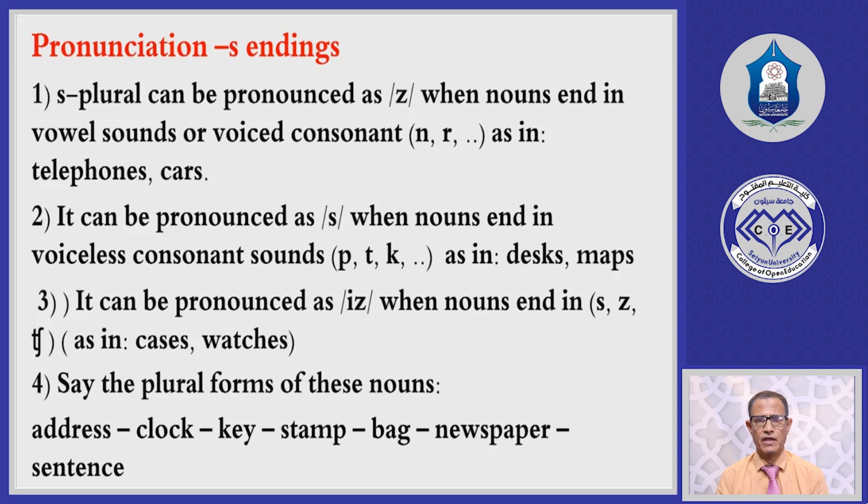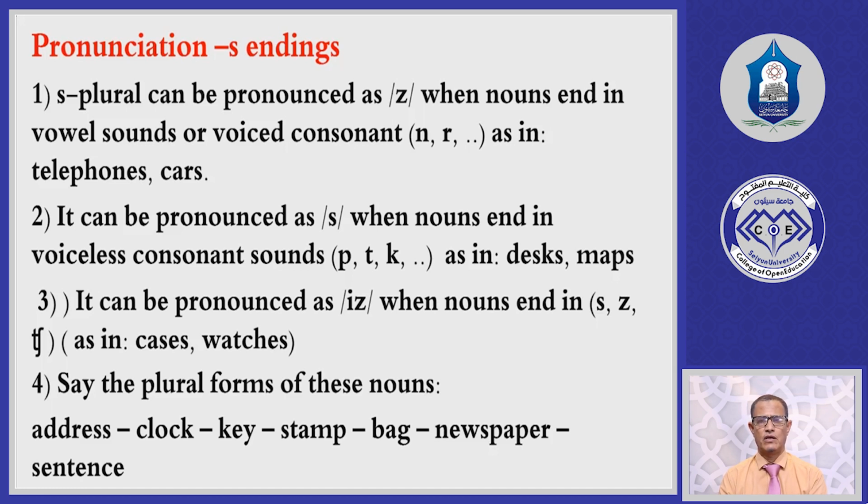If any noun ends in these voiced consonants and we have s at the end of this noun, this is pronounced also as "z". Like, for example, bag, so it should be bags, pronounced with "z". Pen, pens, pencil, pencils. These nouns end in voiced sounds, and when we add s to them as a plural, it is pronounced as "z".